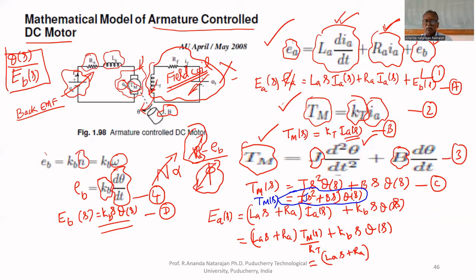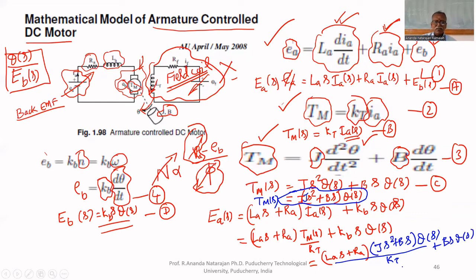Therefore, instead of Tm, JS square plus BS times theta of S upon KT, plus EB, for EB equals KBS theta of S. So everything is in terms of theta S now.